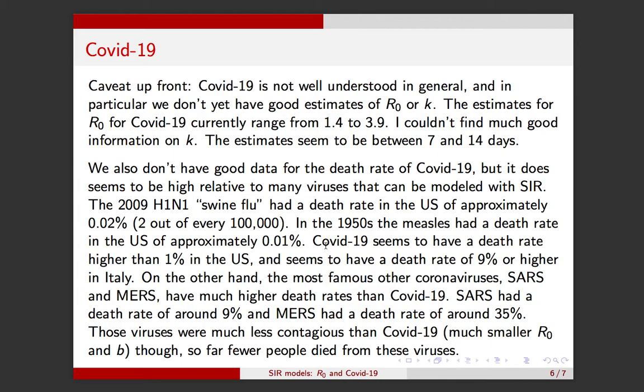But with COVID-19, it's hard to tease out, like in Italy, all these people that are dying in Italy, how many of them are dying, like, quote, from the disease? And how many of them are dying because the healthcare system is overwhelmed? Like, they would have survived, but there aren't enough ventilators. Or they would have survived, but there just weren't enough hospital beds or whatever. That's hard to tease out right now.